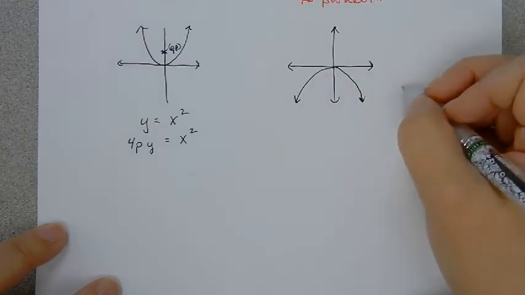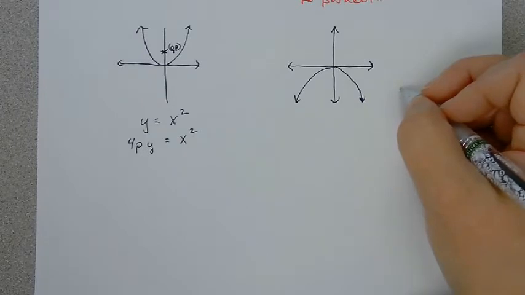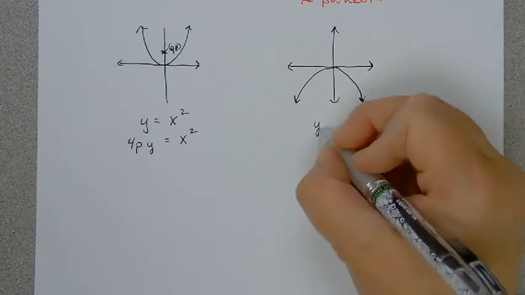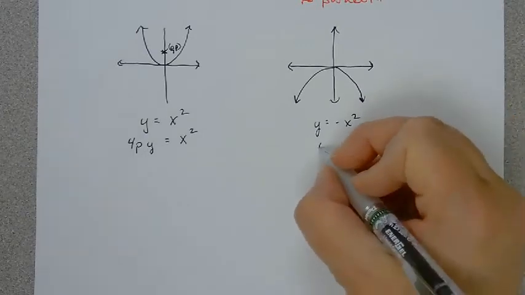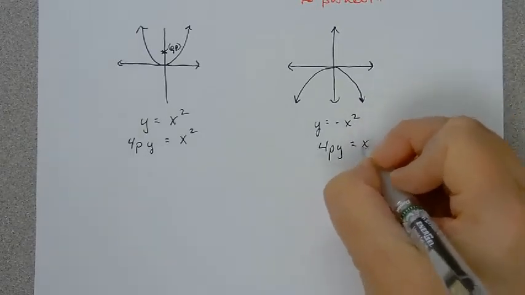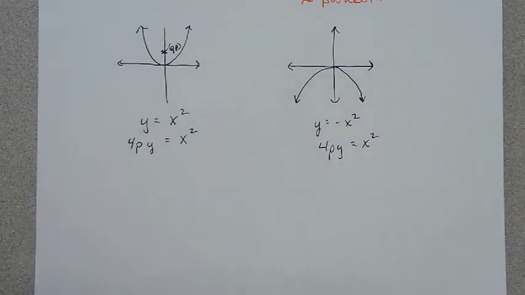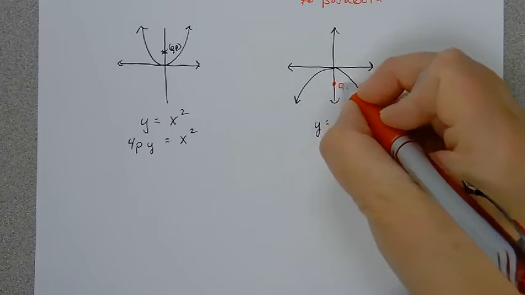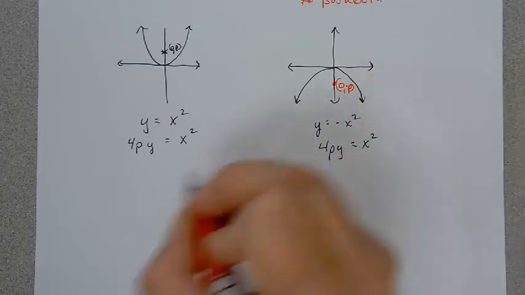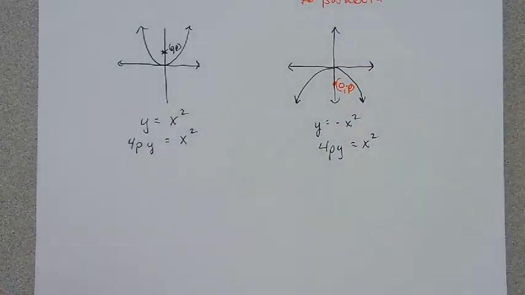In the past, we've always said that is y equals negative x squared. But still, the focus form on this one is going to be 4py equals x squared. And the reason why is because now the focus is down here at (0, negative p). So that's where the negative comes into play there.